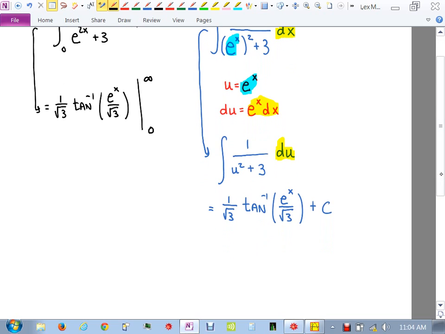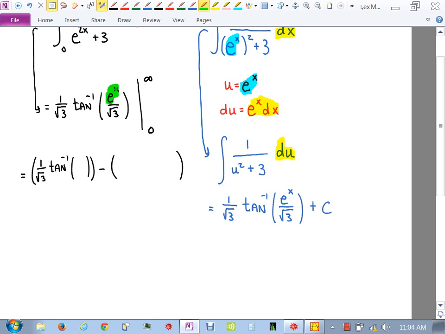Let's plug infinity in first. Say this equals two things, something minus something else. So when we plug in infinity, it's 1 over root 3 arctangent of... Now, what is e raised to the infinity?